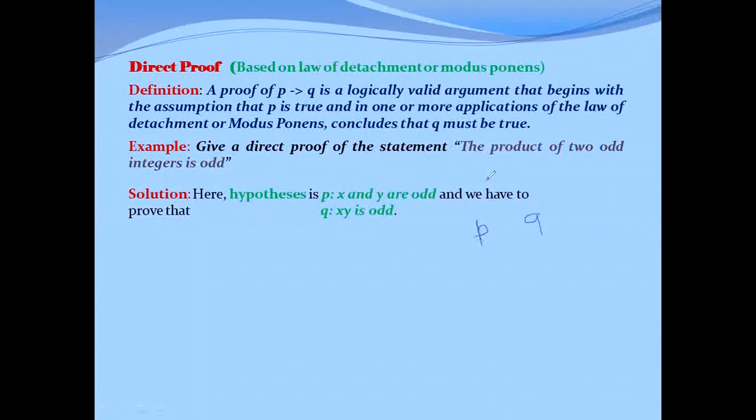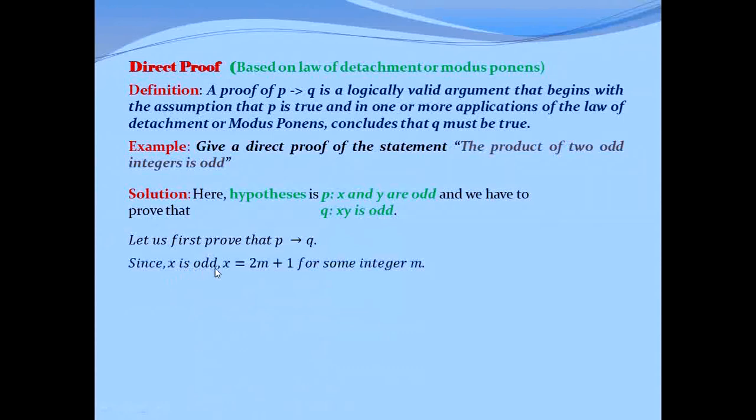So by the question, there is a formula P implies Q. P implies Q represents our question. Suppose P implies Q is true and P is true, then we have to prove that Q is true. Let us first prove P implies Q. Since our hypothesis is that x and y are odd, x is odd and x can be written as 2m plus 1 for some integer value.